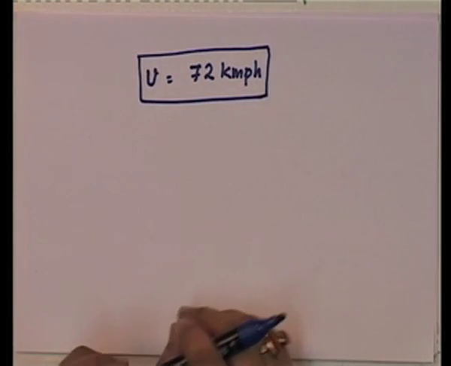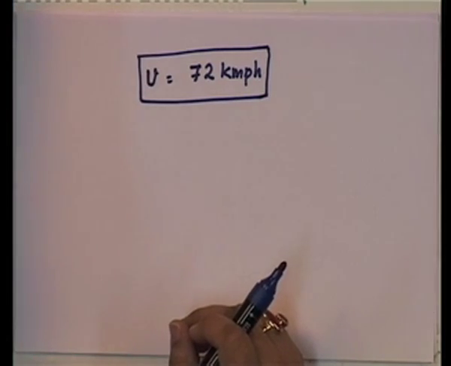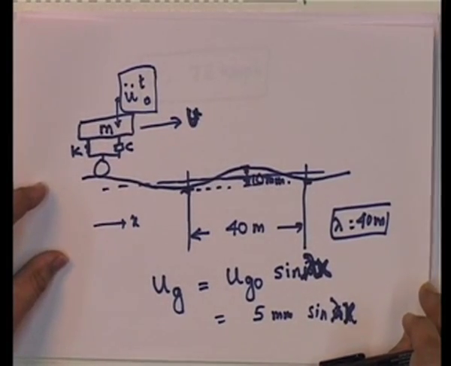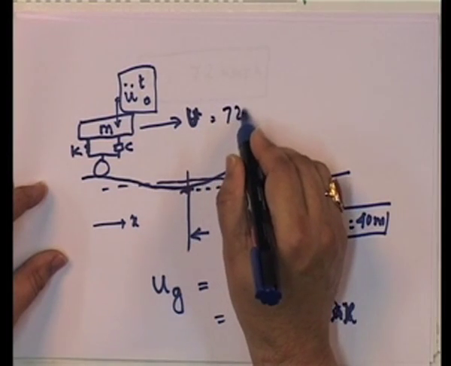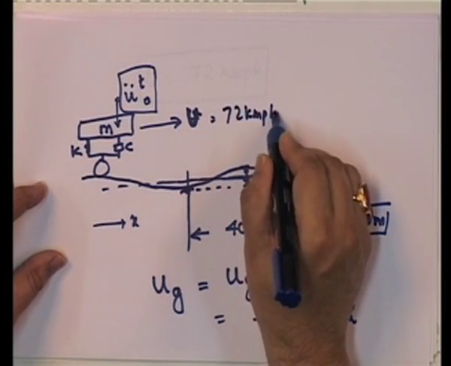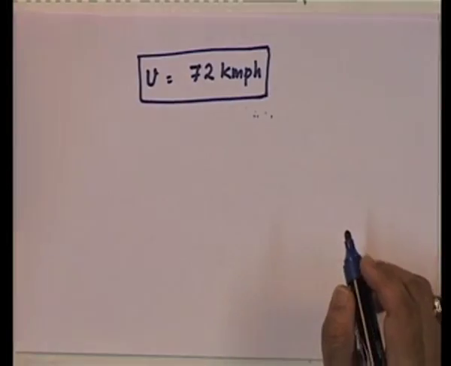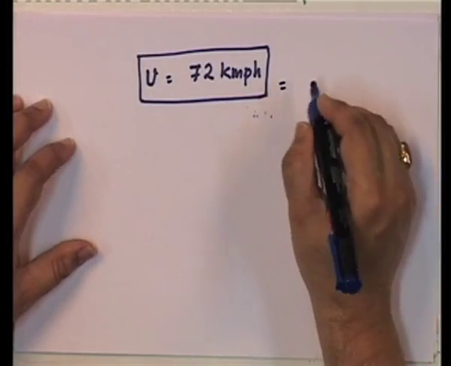Okay? Then my question becomes, when it is traveling at 72 kilometers per hour, I can transfer 72 kilometers per hour into meters per second.